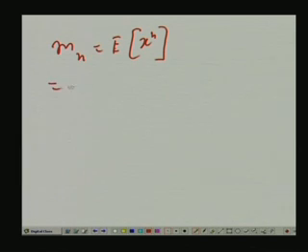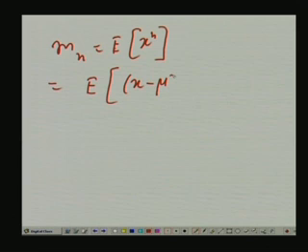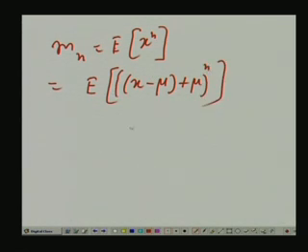We have seen M n is nothing but, okay, this we can always write as X minus mu plus mu, whole to the power n, and then expand it binomially.